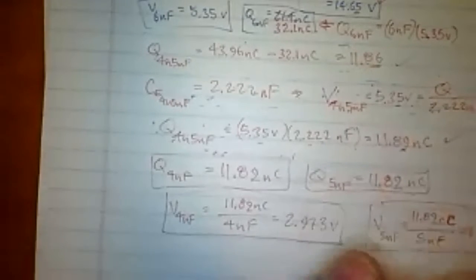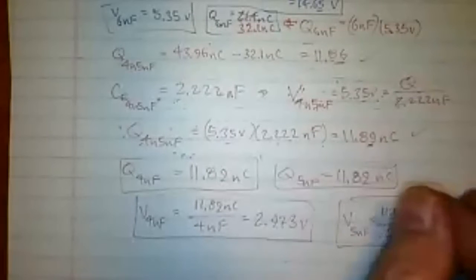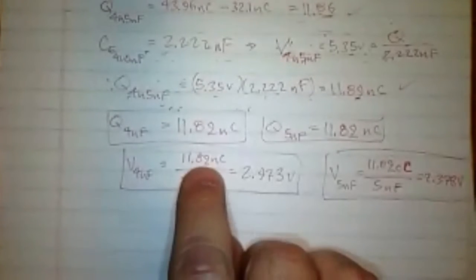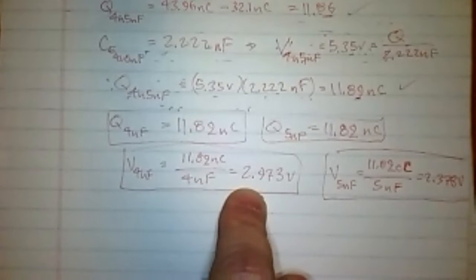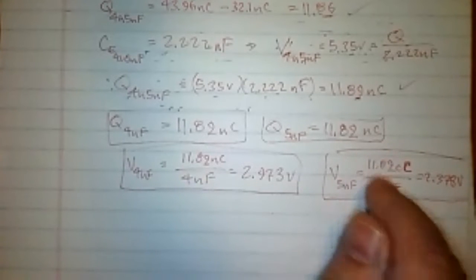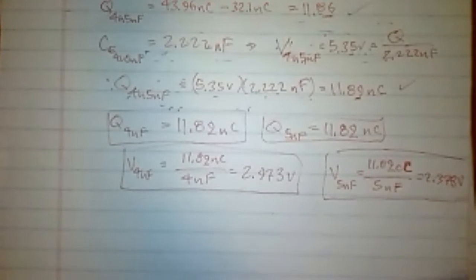So now all I have to do is calculate the voltages on each of them. And of course, voltage is given by charge divided by capacitance. The charges were the same. So I did 11.89 nanocoulombs divided by 4 nanofarads and got 2.973. And then I did 11.89 nanocoulombs divided by 5 nanofarads.